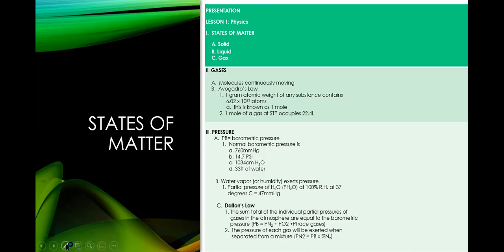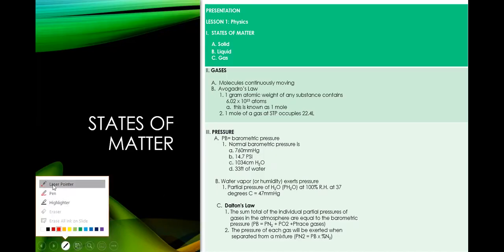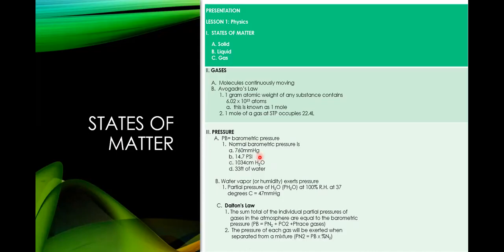Normal is 760, but it's also considered 14.7 psi, 14.7 pounds per square inch, which is also called barometric pressure. 1,034 centimeters of water is also known as barometric pressure, and 33 feet of water can be barometric pressure.